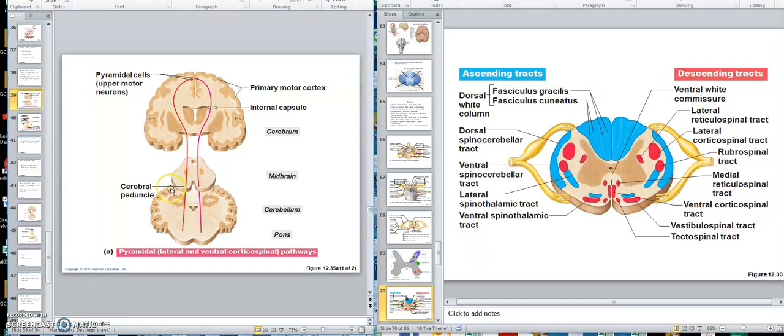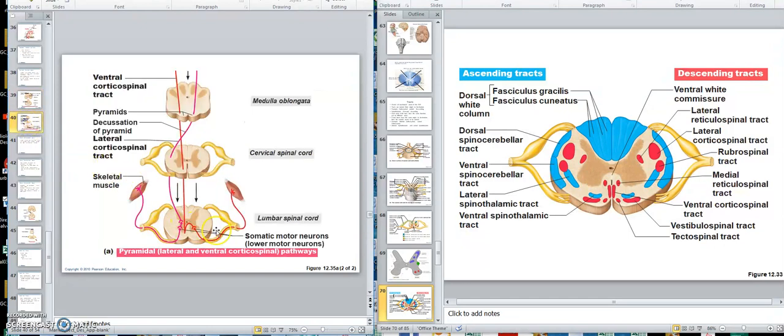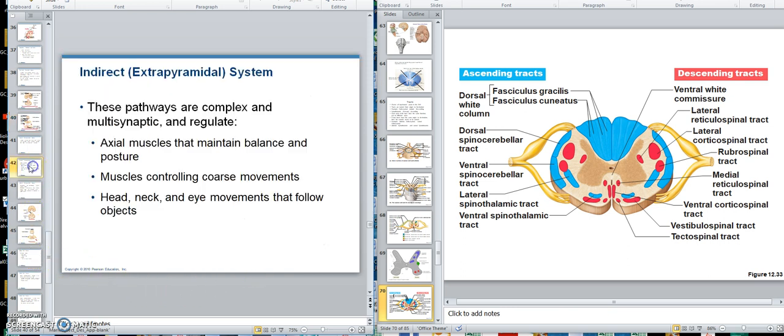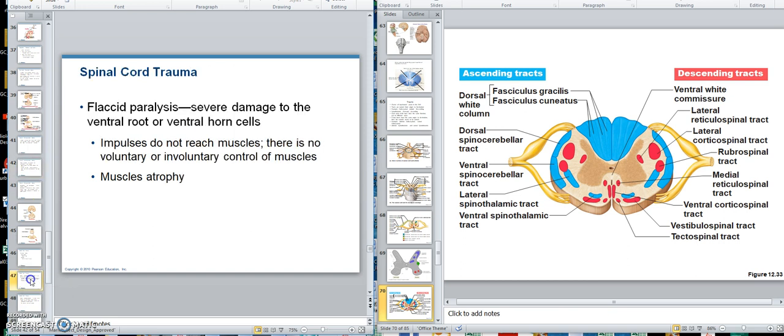That would be this one from the brain down. And then you get to the level of the cord, and you have a lower motor neuron. Now I want you to think of the two neuron pathway as I approach these paralyses real quickly.